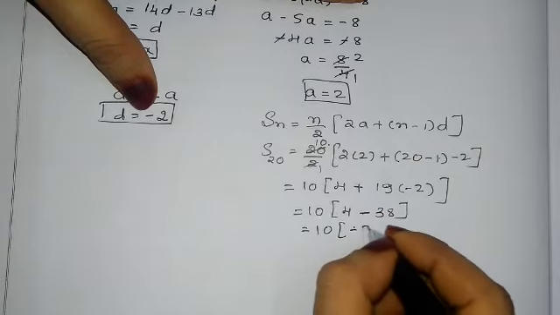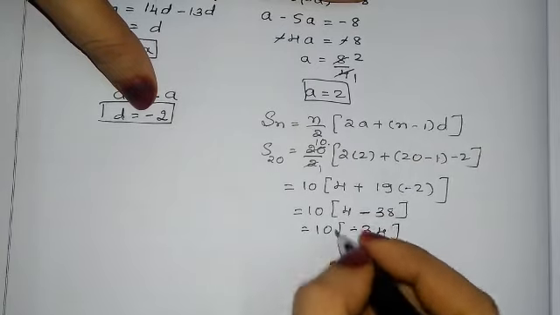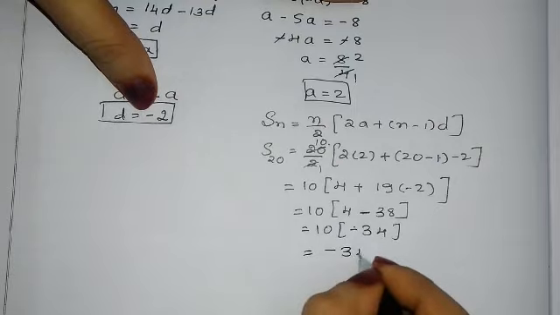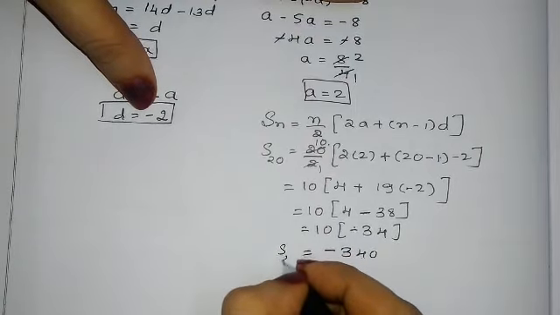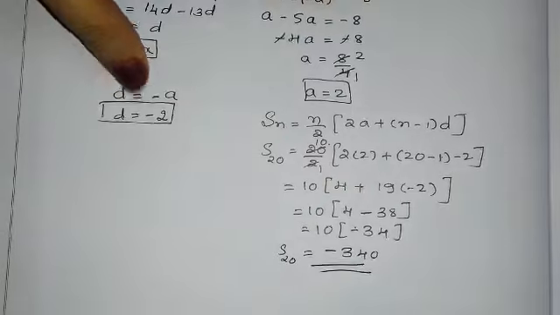Greater sign minus, minus 34. 34 into 10, minus 340 is the answer. The 20th term sum is minus 340.